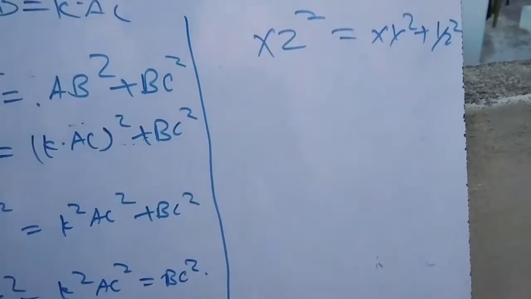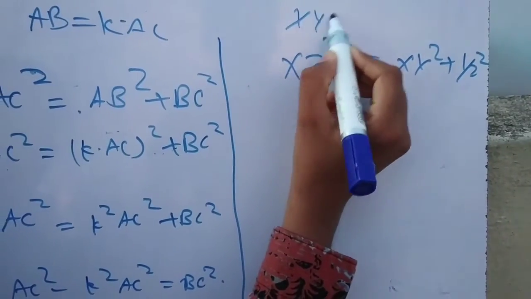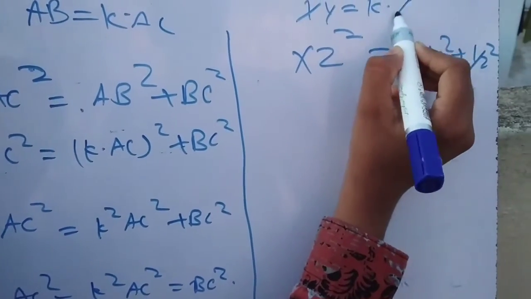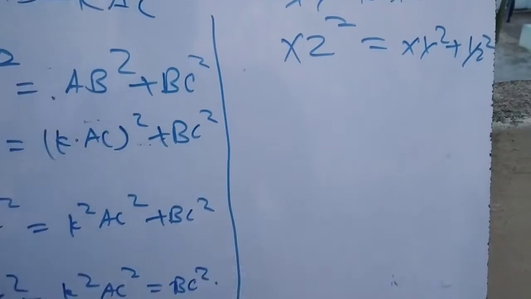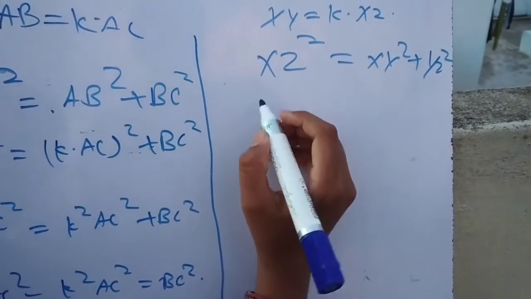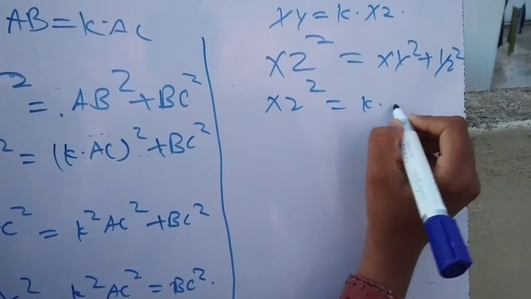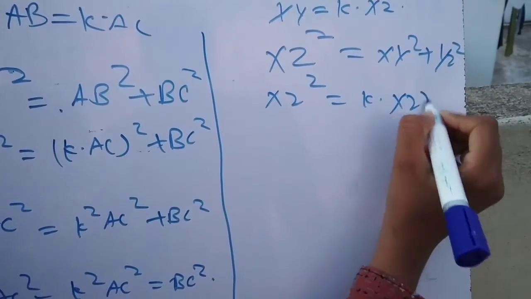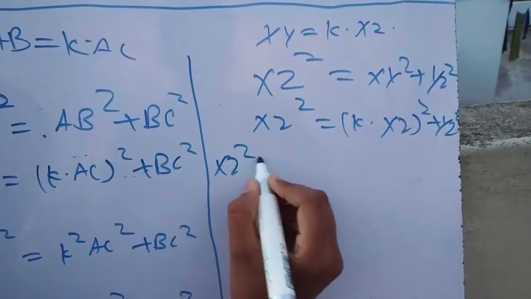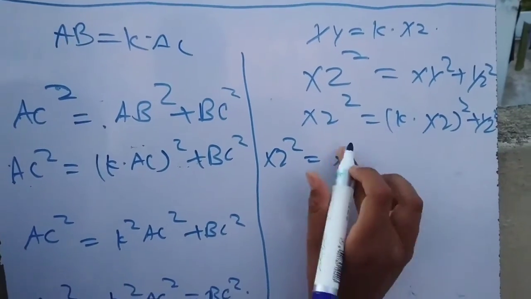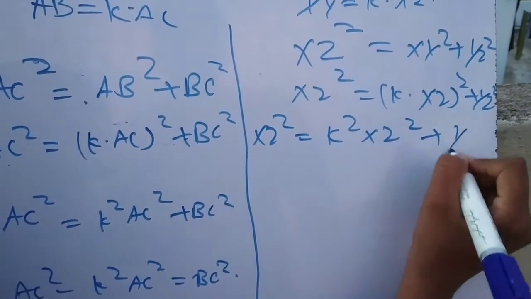Here we got that XY is equal to K times XZ. So let's apply this. XZ square is equal to K times XZ whole square plus YZ square. So XZ square is going to be K square XZ square plus YZ square.